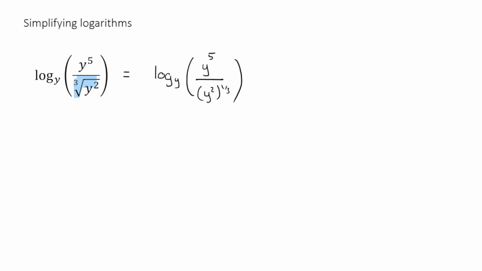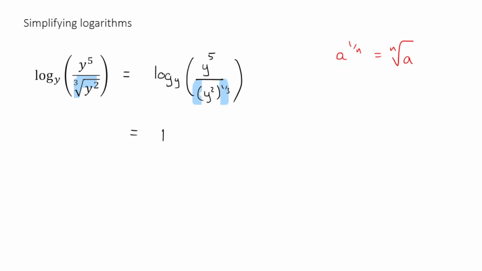Remember, for those who weren't quite sure, a to the power of 1 upon n is equal to the nth root of a. So if I've got a to the power of 1 upon 3, then that's equal to the cube root of a and vice versa. In other words, I've replaced the cube root with the power of a third.